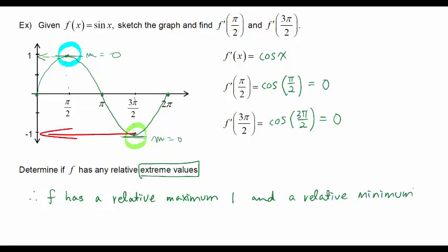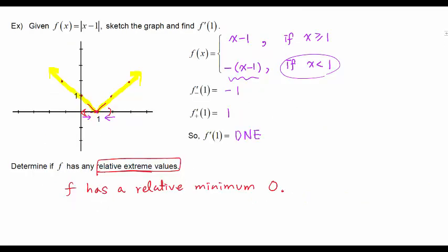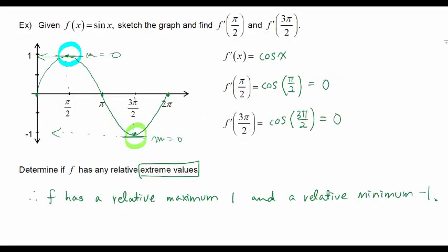What's the relative minimum value? That is -1. So right before, we saw f prime of 1 does not exist, and we had a relative minimum there. And then for this function, f has a relative maximum or minimum where f prime was 0.